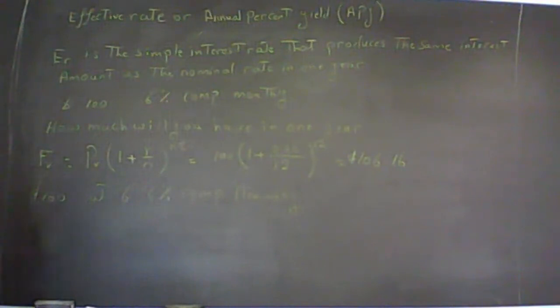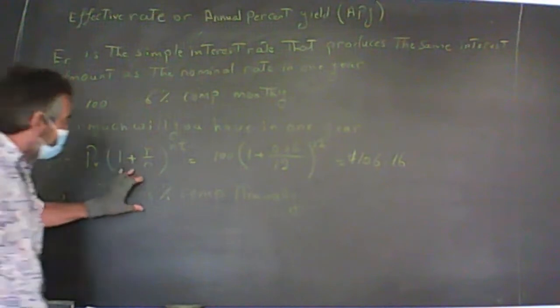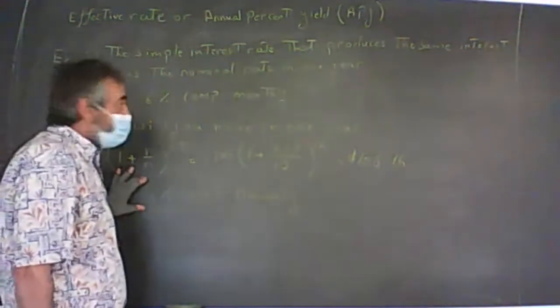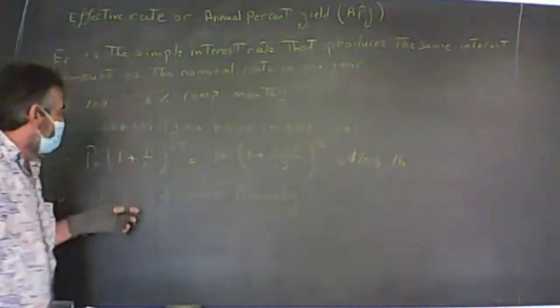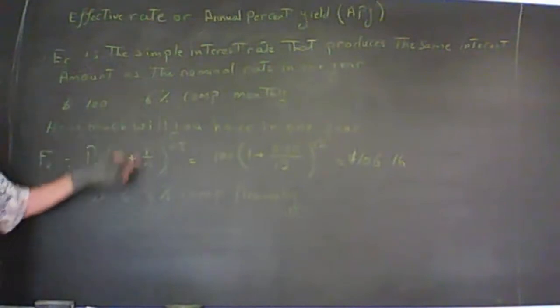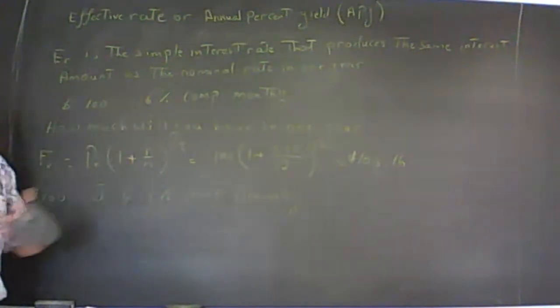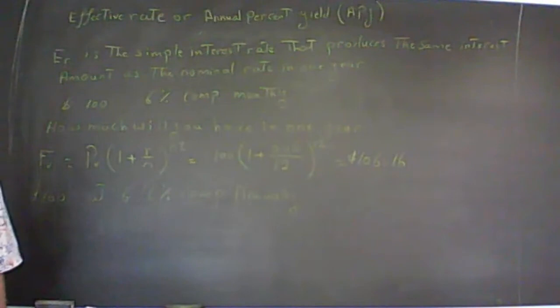Does that make sense? So what do we say? We say then this rate and that rate are equivalent to each other. Why? They give me the same amount. Does that make sense?